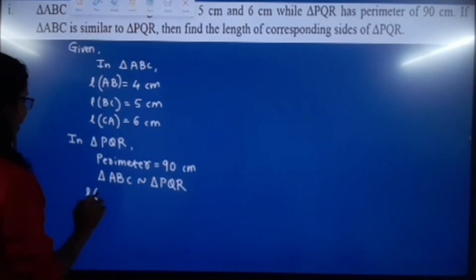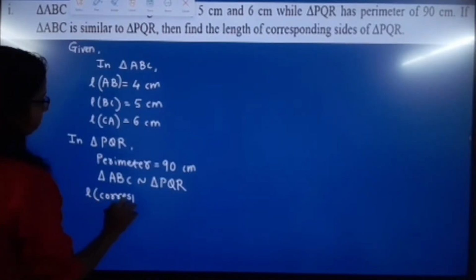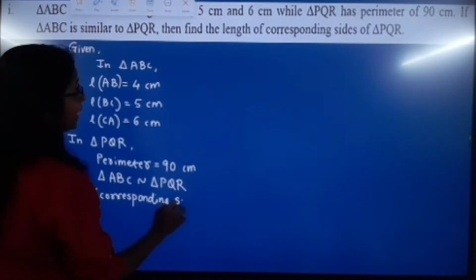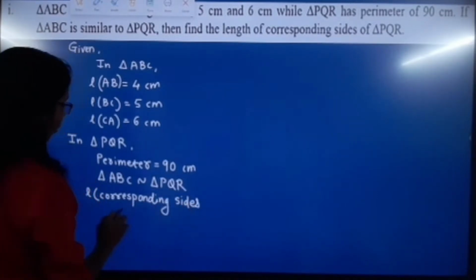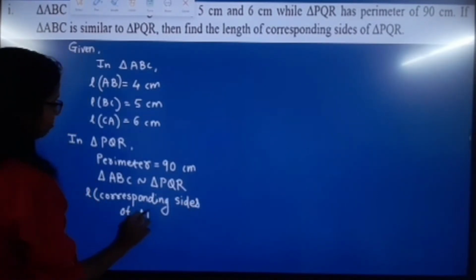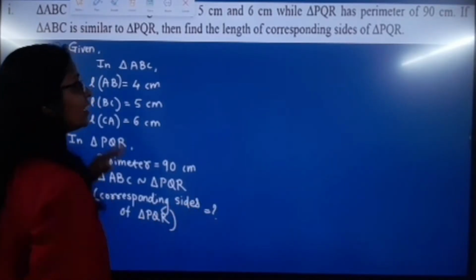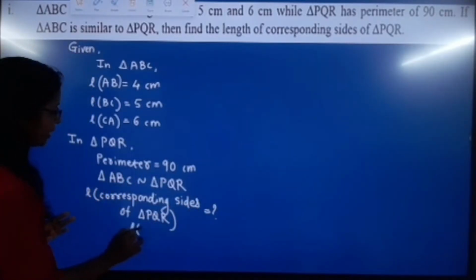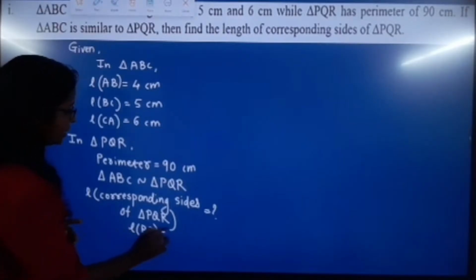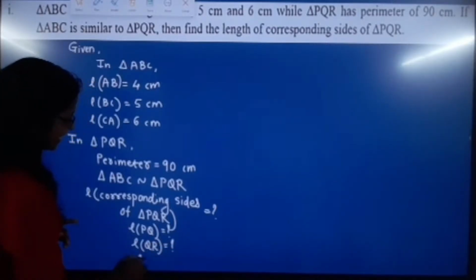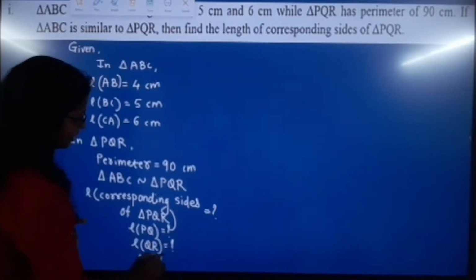So here length of corresponding sides of triangle PQR, and that means students, nothing but we have to find out length PQ is equal to question mark, length QR is equal to question mark, and then students length RP is equal to question mark.